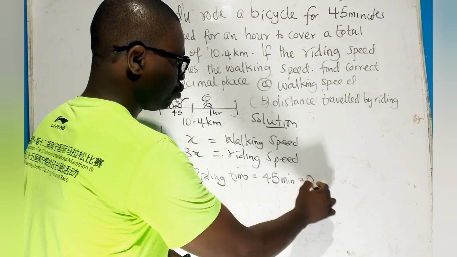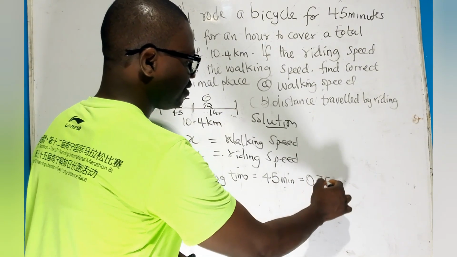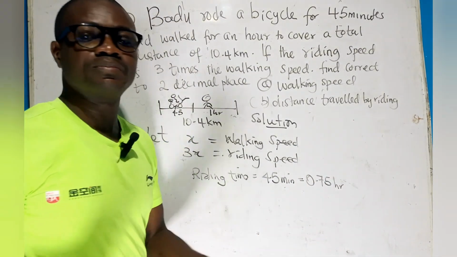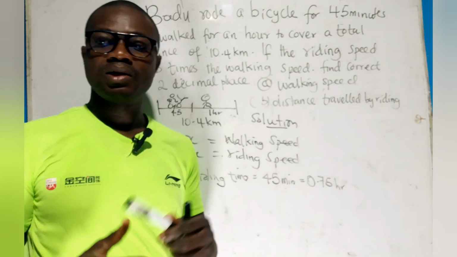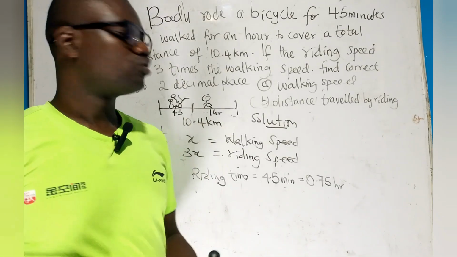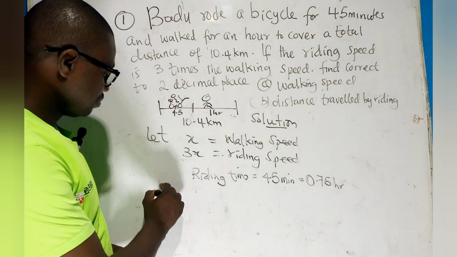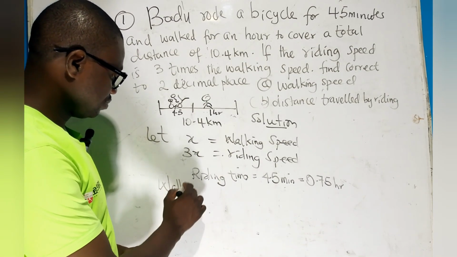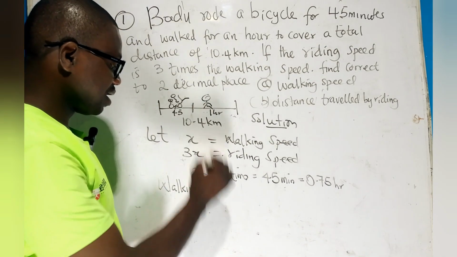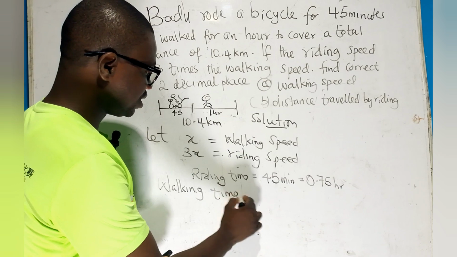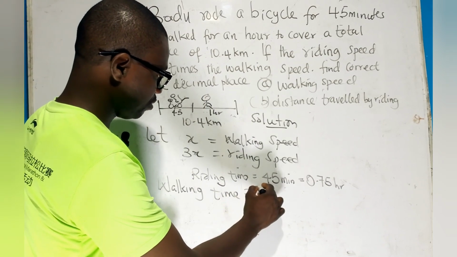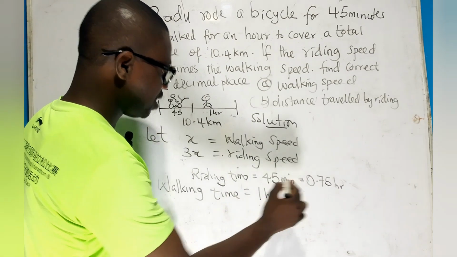You realize that you also have to know the walking time. Now the walking time was 1 hour. So let's put the walking time here: 1 hour. All right. So from here now we are going to find out the distance covered by riding.